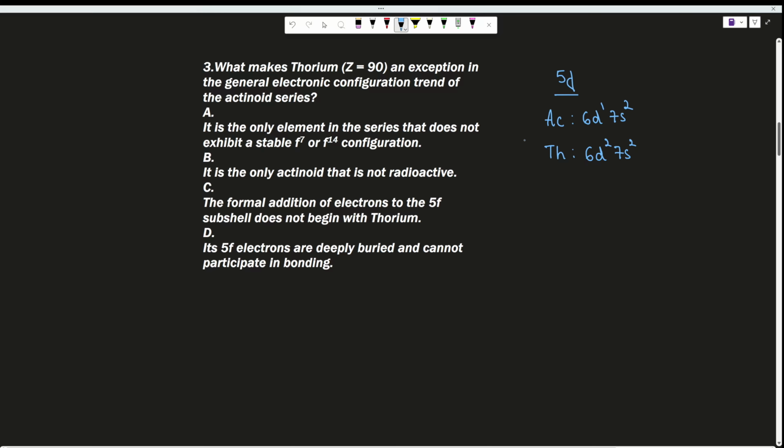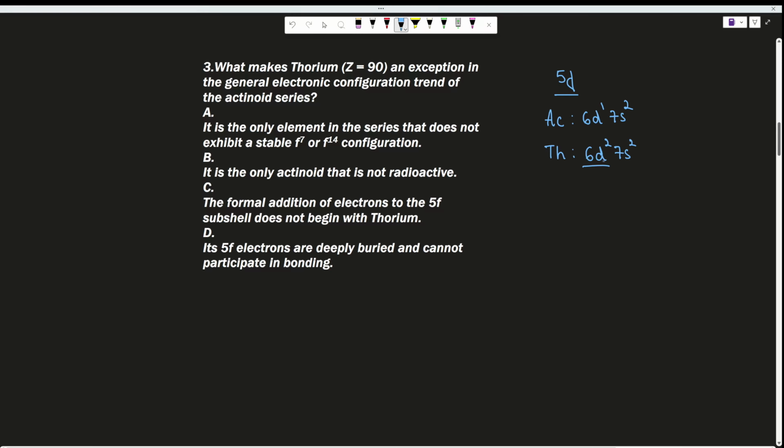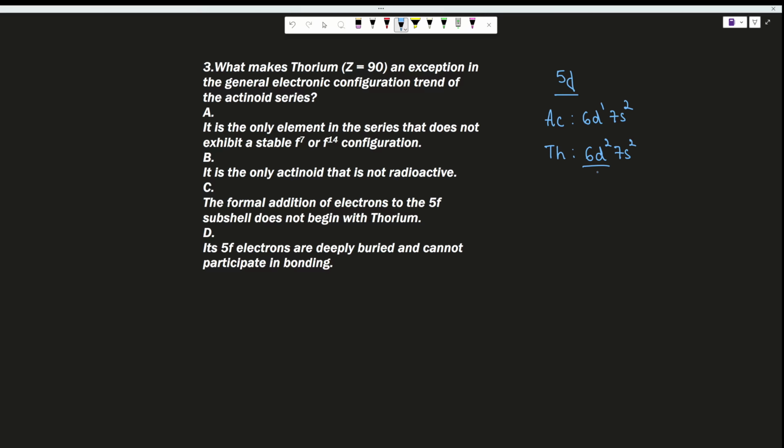In the case of lanthanoids, the next 4f would be filled and one electron would be in d, then s, like that. But here, both electrons are in 6d. So 4f, I mean 5f, is not filled here.